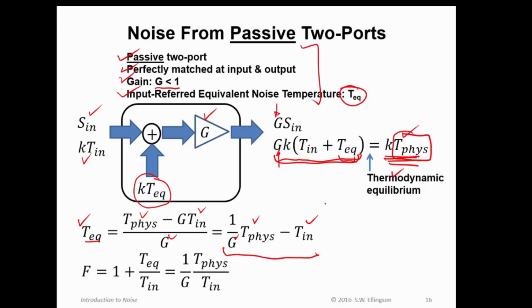And then the noise factor is just 1 plus T_EQ, which I just worked out, divided by T sub n, and that gives me this expression. So the noise factor for a passive two-port is simply the physical temperature divided by the input temperature divided by the gain. Very, very simple concept.